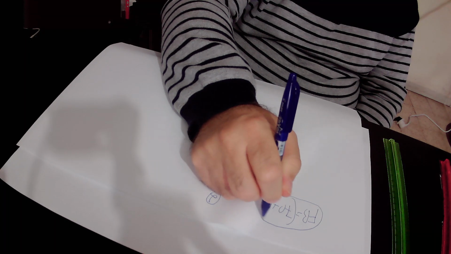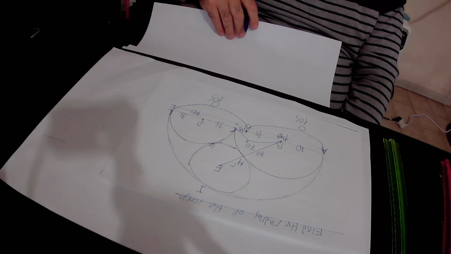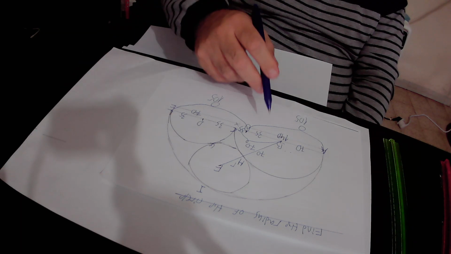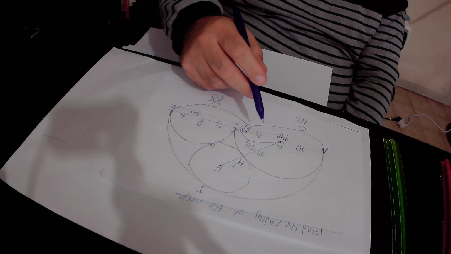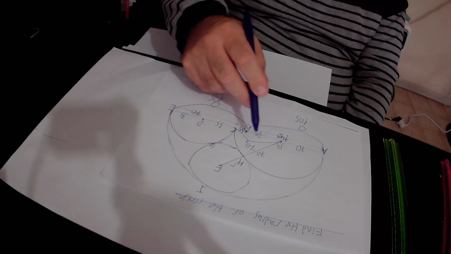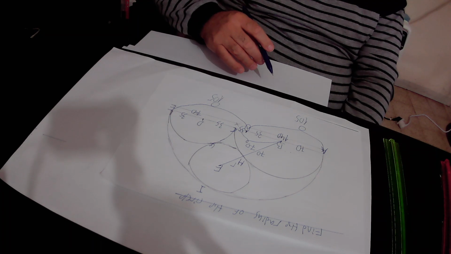And 70 plus R units is the addition of the two radii with each other. The radius of this circle is R, the radius of this semicircle is 70, and 70 plus R is the addition of the two radii with each other, exactly according to rule number 11.